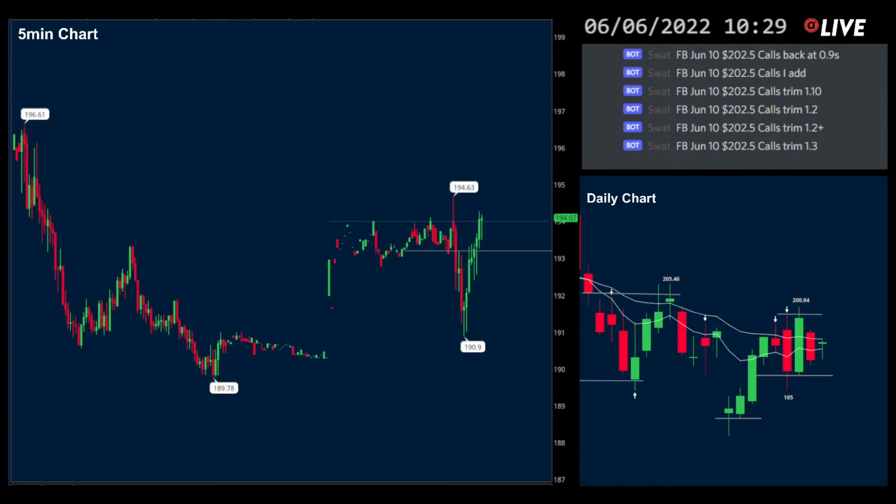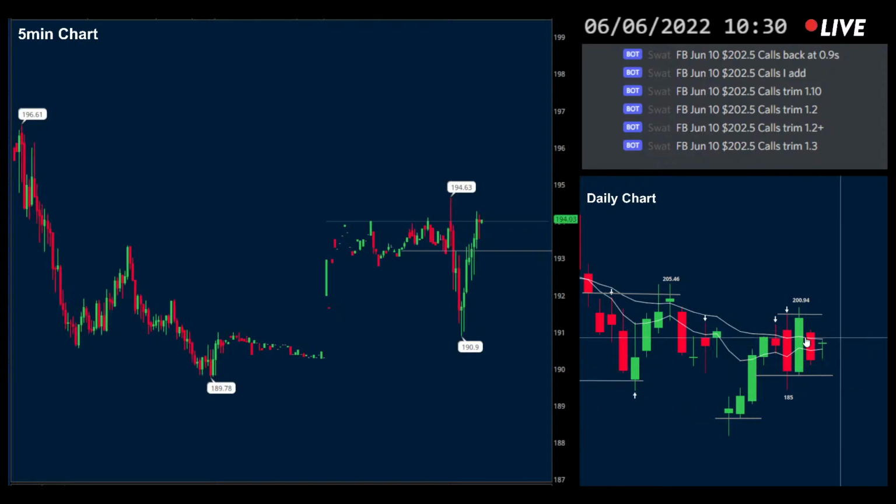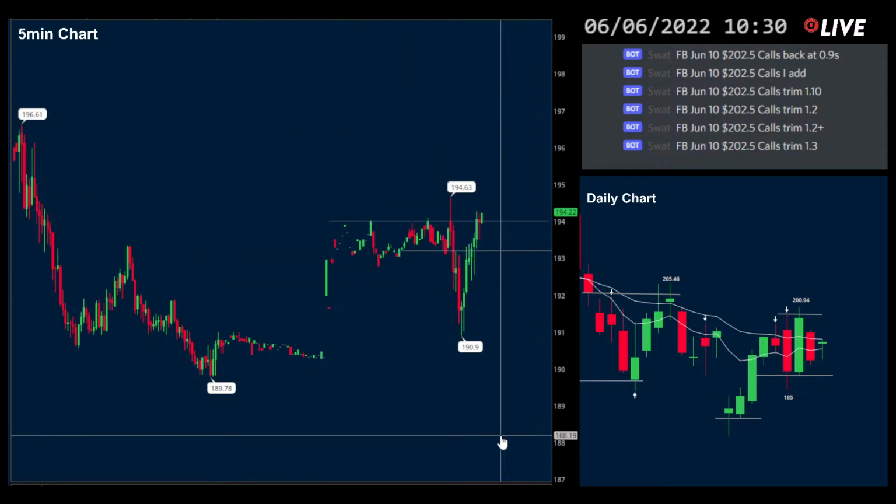Right now they are at 130. Facebook still has inside action. It had an inside day on Friday, and we need to break above 195 to try to go into Friday highs, 196.6, and get out of this range.